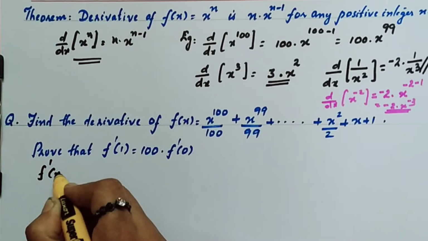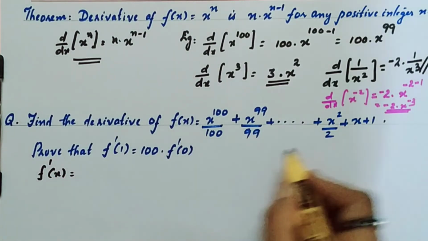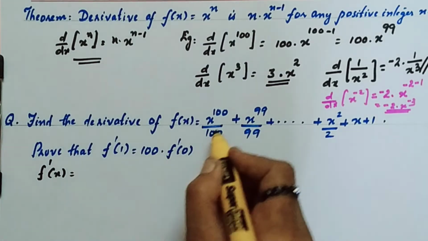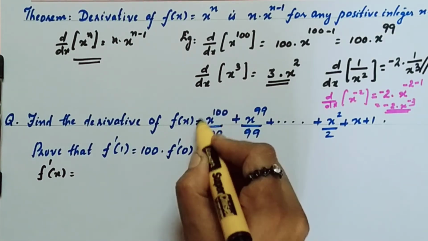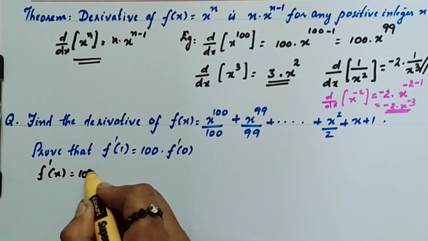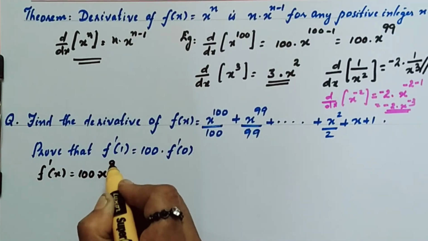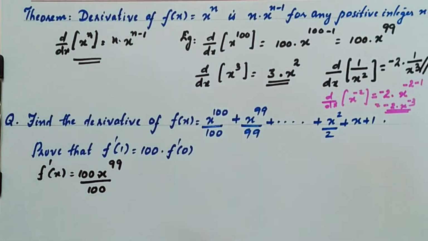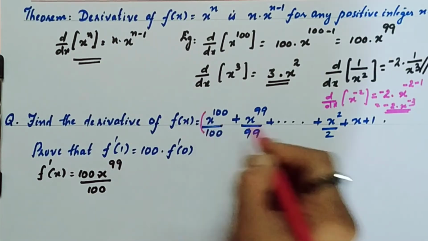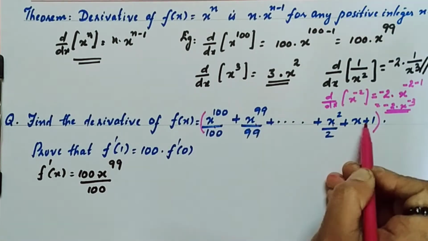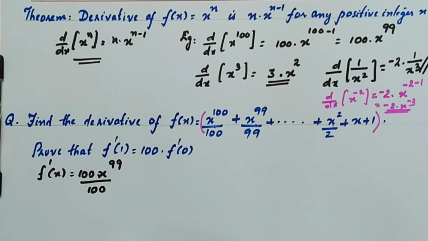f dash x equals, the given function is this one, I am going to apply the rule. At first x raised to 100, what is the derivative of x raised to 100? 100 into x raised to 100 minus 1, that is 99, the whole divided by 100 there. You studied that the derivative of a sum of functions can be found as the sum of the derivatives of each function.